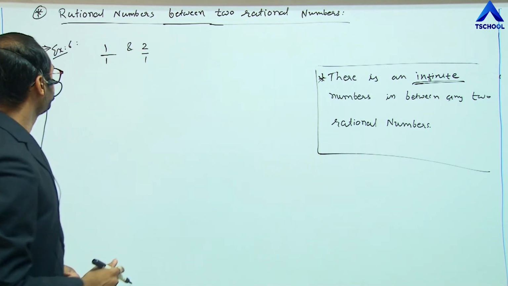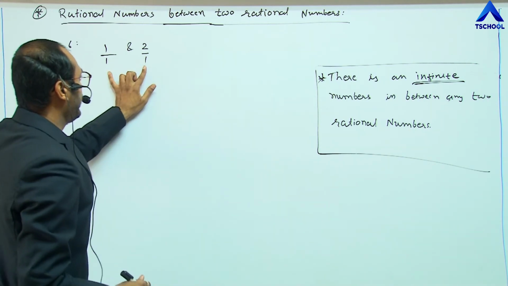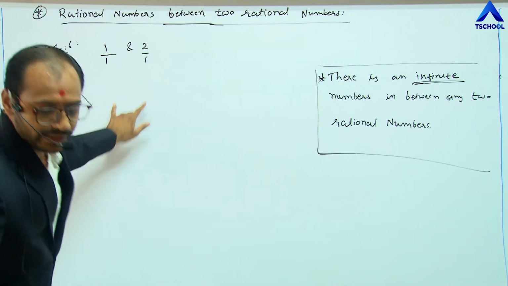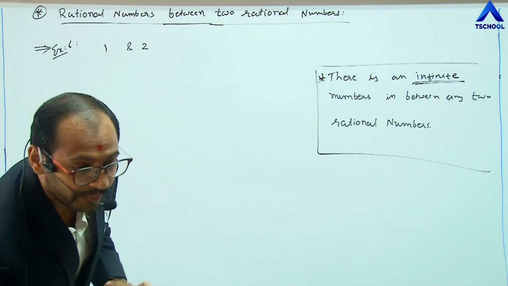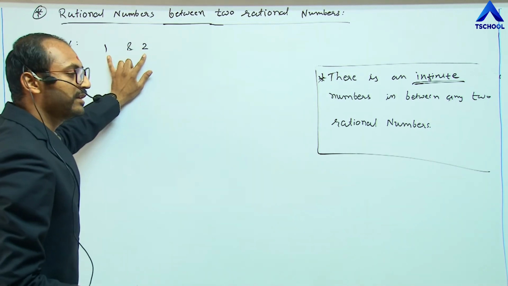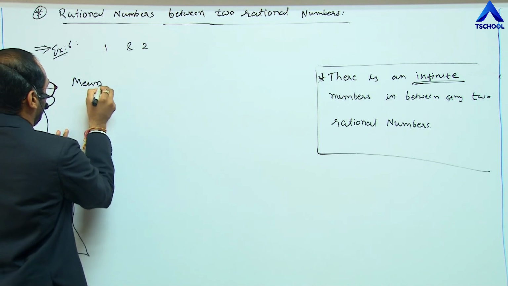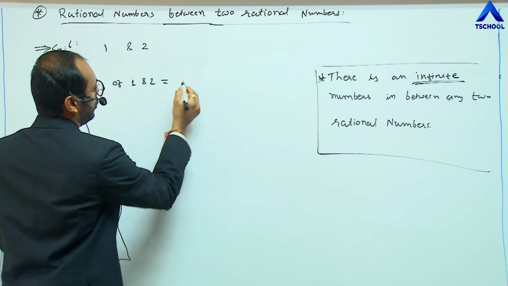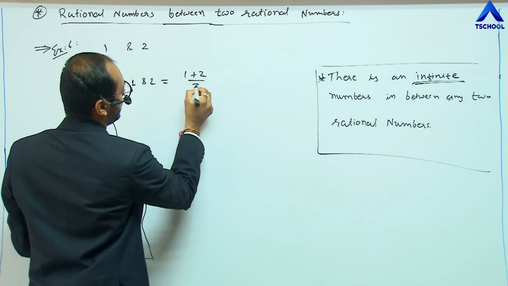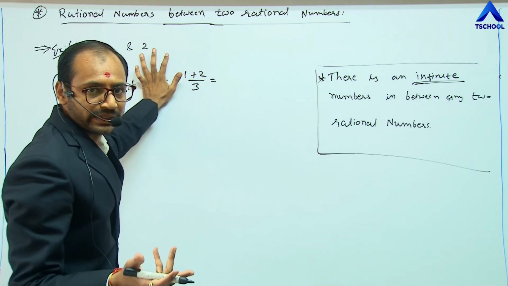Now, to find the rational number in between these two, I will take the mean of these two. What is the mean? The mean of 1 and 2 equals (1 plus 2) by 2, that is, the addition of the two values divided by 2.